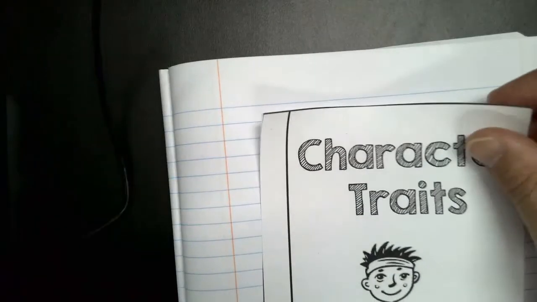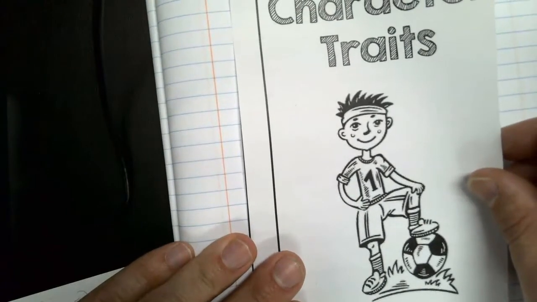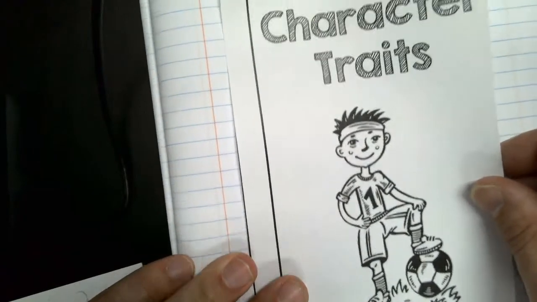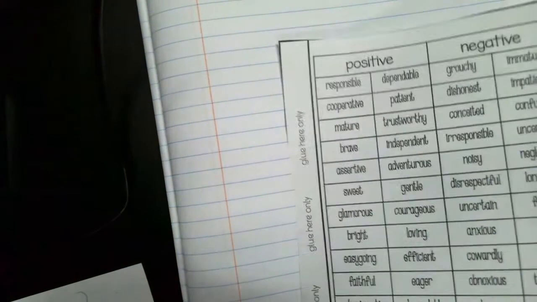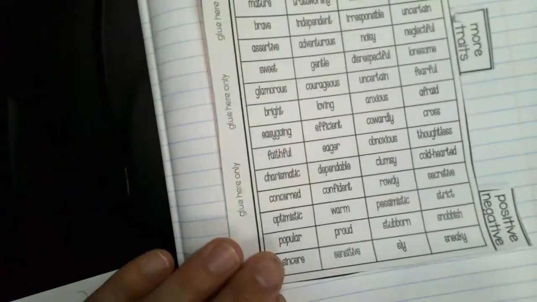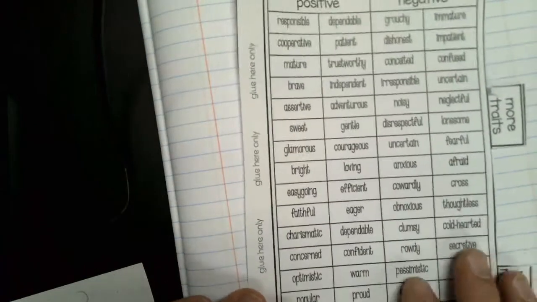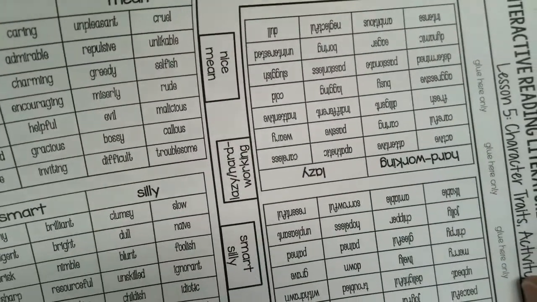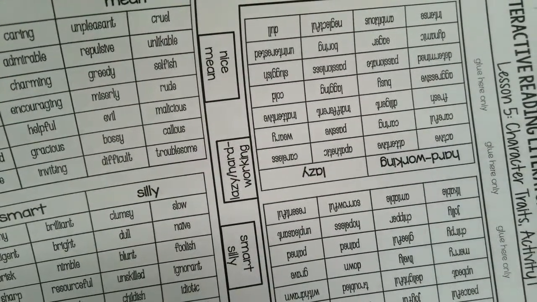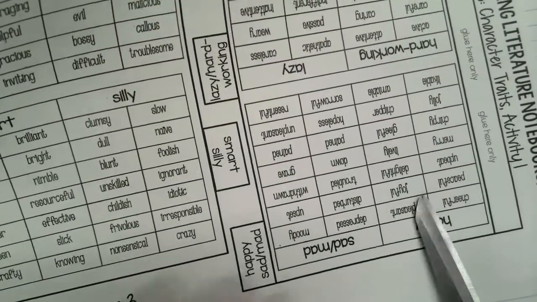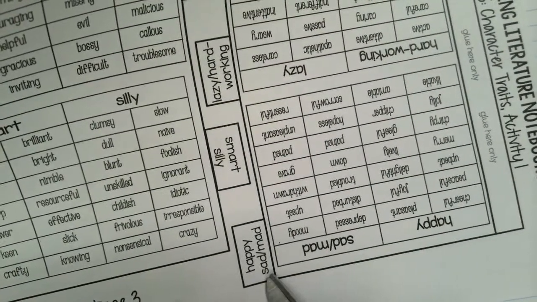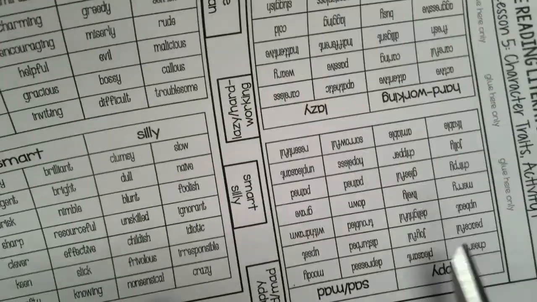All right, make sure as you have this, you're going to have your papers here. They need to be in order, so make sure this is page number 1. We'll set that up to the side. The other one we just cut out, which was the more traits in positive and negative, that is page number 4, so make sure to put that to the side too. So as we get to page number 2, make sure for yourself as we're going, you're going to cut out the big box, but happy, sad, mad, make sure we keep that to one side.